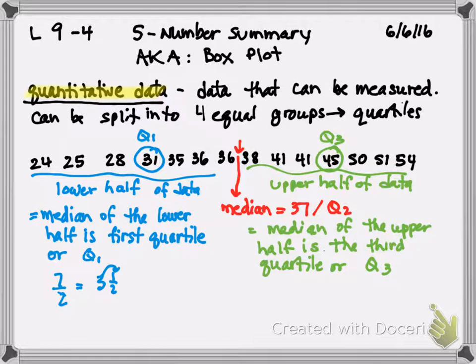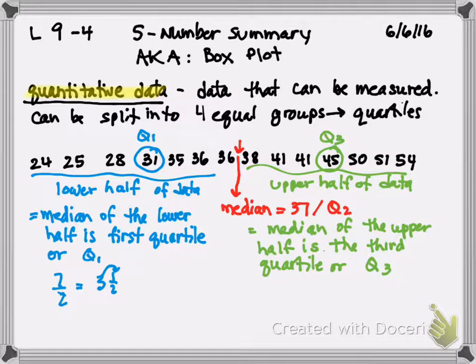All right, so basically what I've done without really telling you is talked about the 5-number summary. So far I came up with 3 of the numbers. What would be the other 2, do you think? If I'm looking at data and I want to analyze it, I've got the middle of the data, the middle of the first half, the middle of the second half.